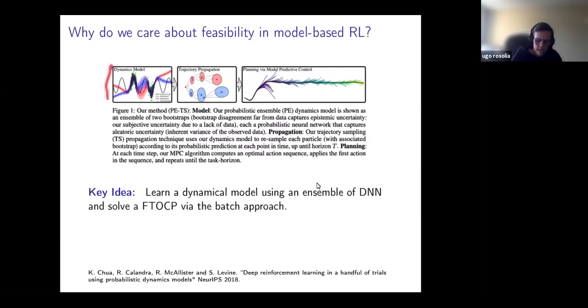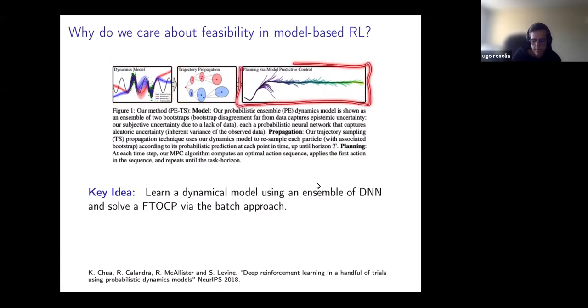The key idea of this paper was to use historical data to train an ensemble of deep neural networks, which can then be used to forecast the trajectory of the system. Here the authors assume that the model is unknown. They use historical data to train an ensemble of deep neural networks, and then they use forward propagation to solve a planning problem.